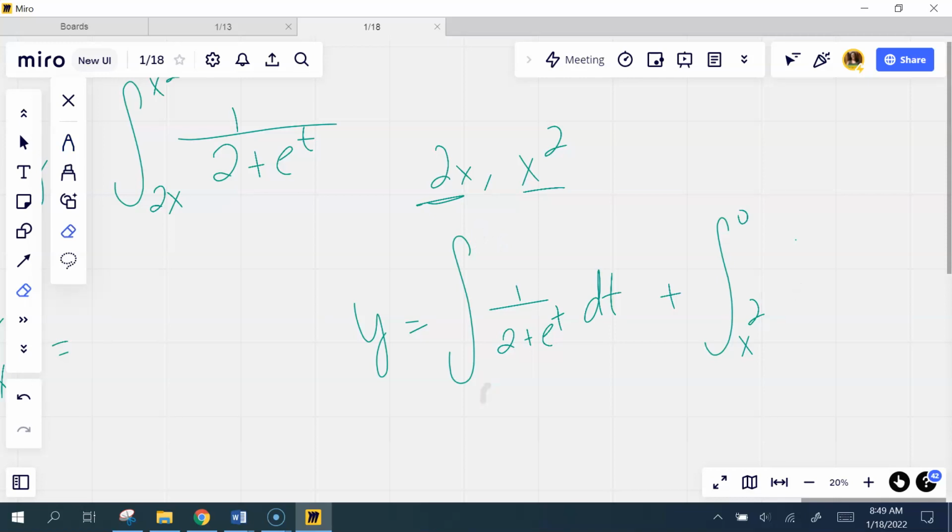Let's erase the bounds. Let me put the function in here for you. All right, 2x, 0, where? 2x at the bottom here. So you want 2x here, you want 0 here.